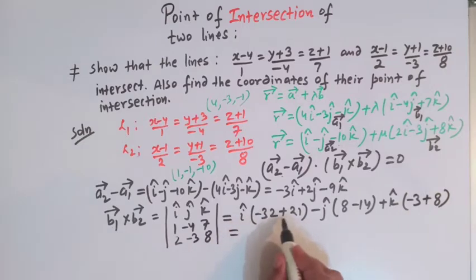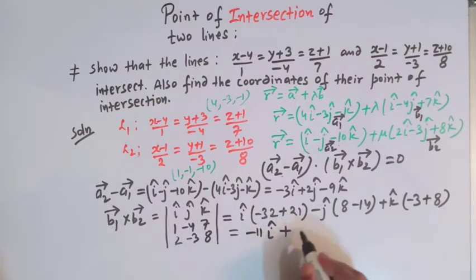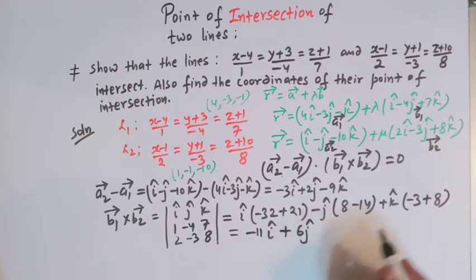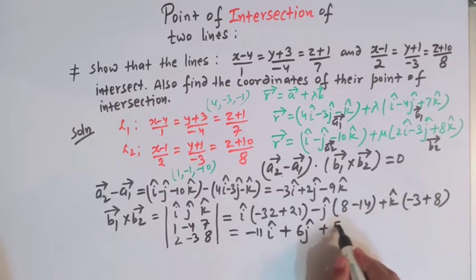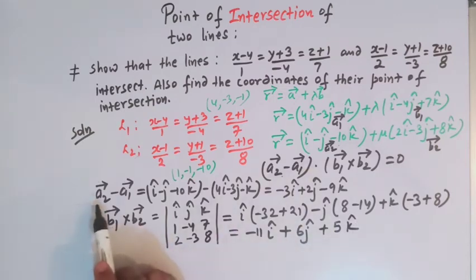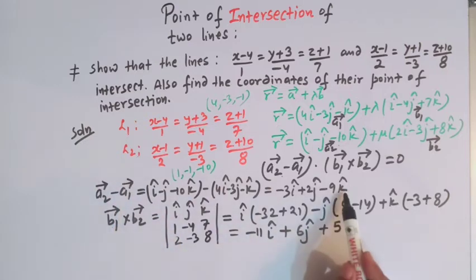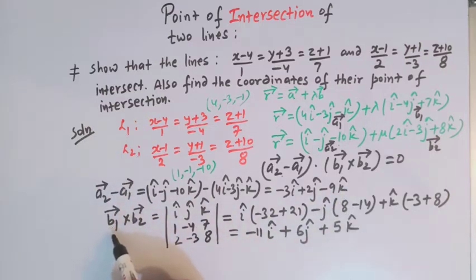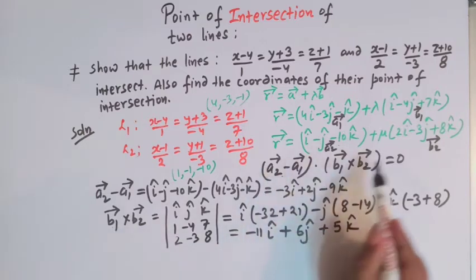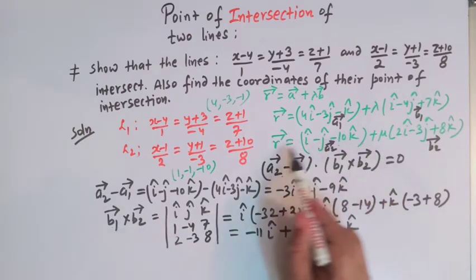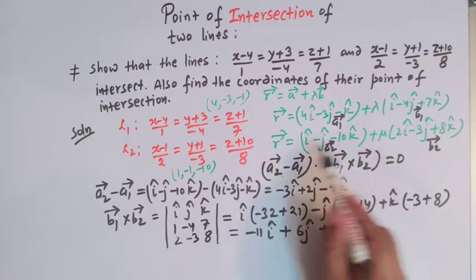Now this is minus 11i cap, plus 6j cap, plus 5k cap, right? Now after getting the value of A2 vector minus A1 vector as this vector, and B1 cross B2 as this vector, we will find the value of this expression.